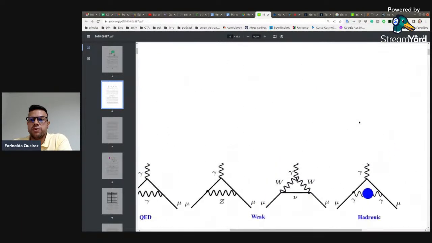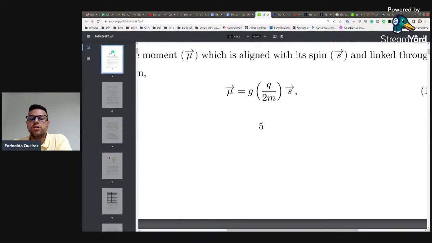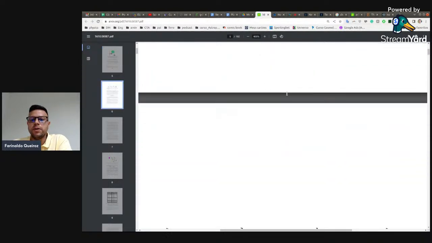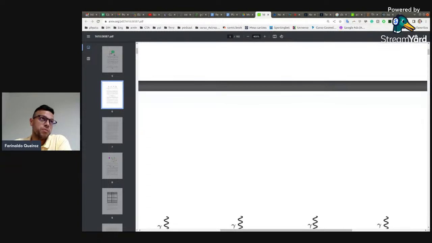So let me go from the beginning. You derive from the Dirac equation that the spin and the dipole moment are connected. In other words, by measuring the spin, I know the dipole moment. But the point is, how do I measure the spin of the muon?